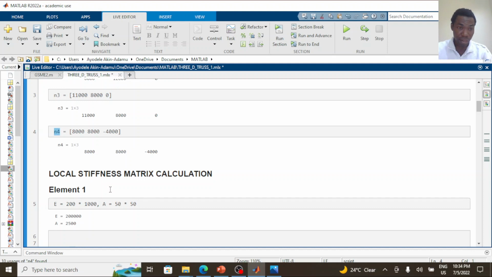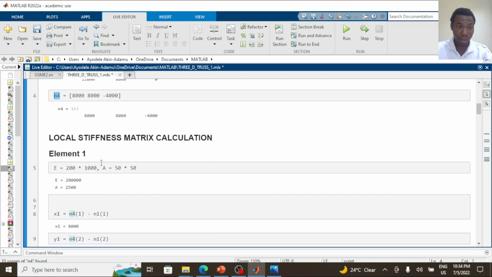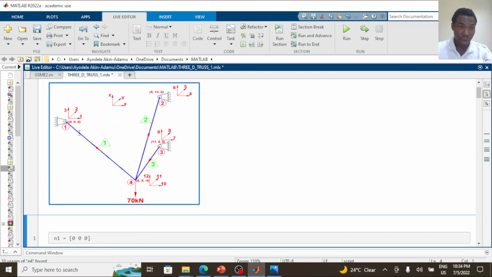Once we have done this, we need to compute the local stiffness matrix of each element, starting from element 1. Element 1 is between node 1 and node 4, and the red arrowhead points from node 1 to node 4. So node 4 is my end node and node 1 is my start node.